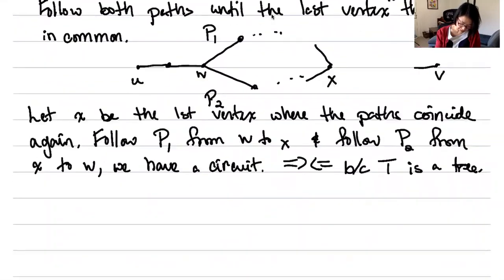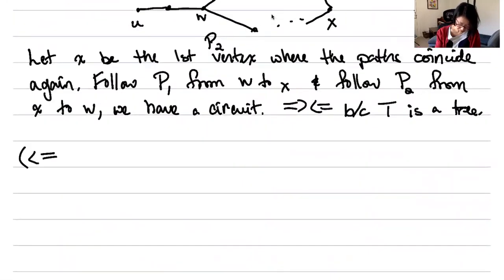And for the other direction, well, if I have a unique path between any pair of vertices, clearly my graph is connected because every path is a walk.